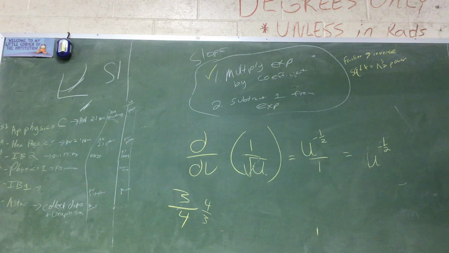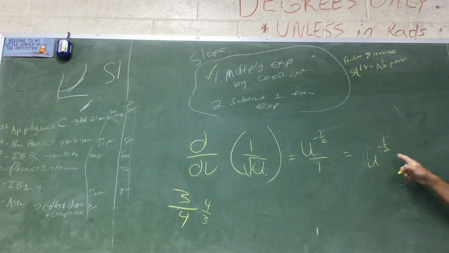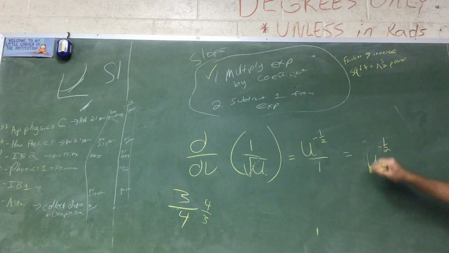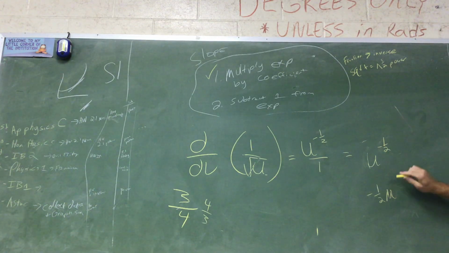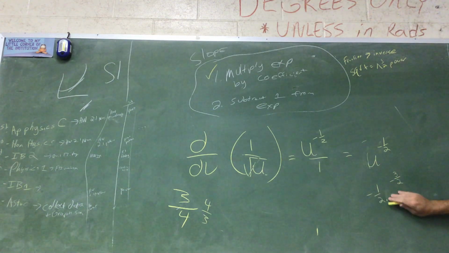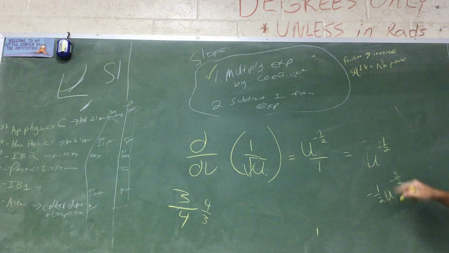Now can I take the derivative of that? Okay. Negative 1/2 u to the power of negative 1.5. That's ugly. I'm not used to writing the little thing.